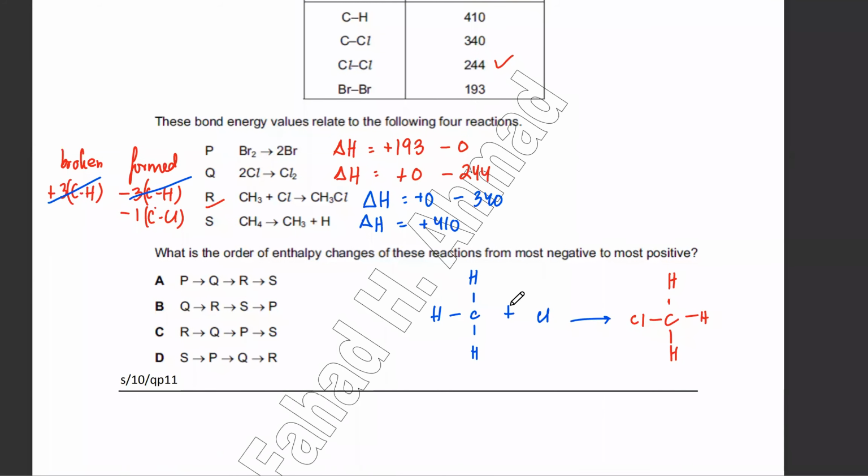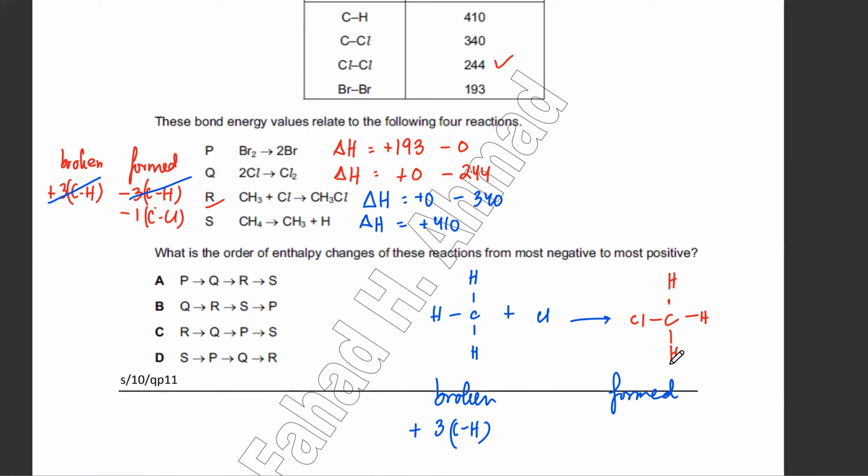So how many bonds are broken? I told you to break all the bonds in the reactant. So it's these 3 C–H bonds. They need to be broken. Bond breaking is endothermic, so that is positive. And how many bonds are getting formed? Form all the bonds that are present in the products.